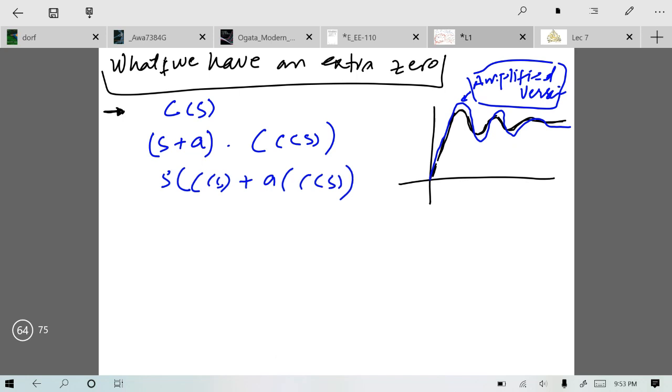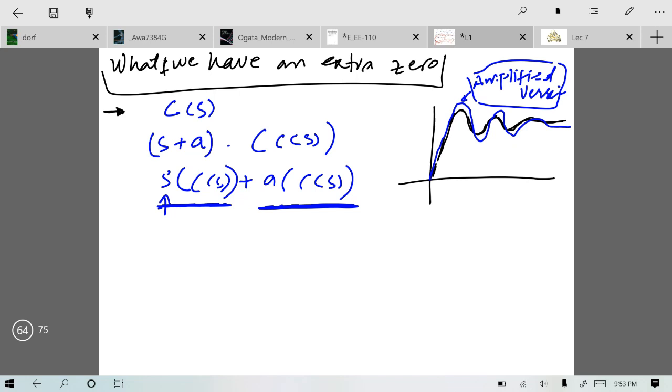So s·C(s) is the derivative term of the original response, and a is basically a scaled version. Both s and a contribute to magnitude.